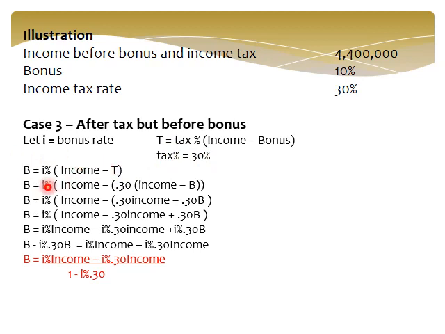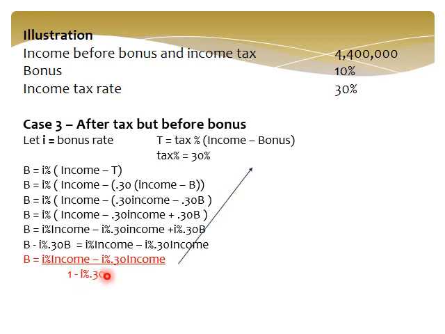So using this formula, bonus is based on income after tax but before bonus, so minus T only. So we come up to this formula: bonus is equal to bonus rate times income minus bonus rate times 0.30 times income, divided by 1 minus bonus rate times 0.30.